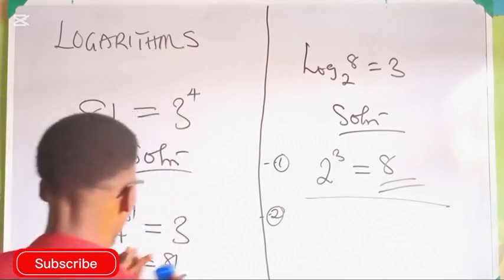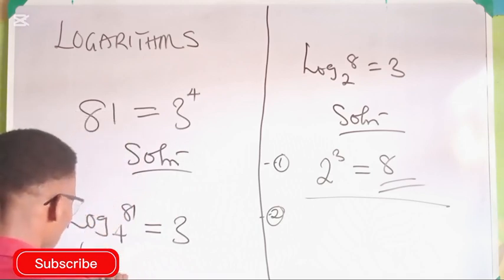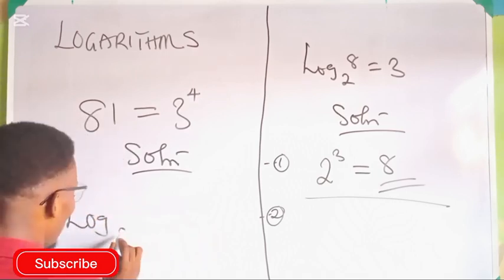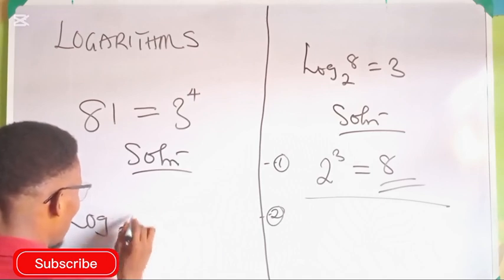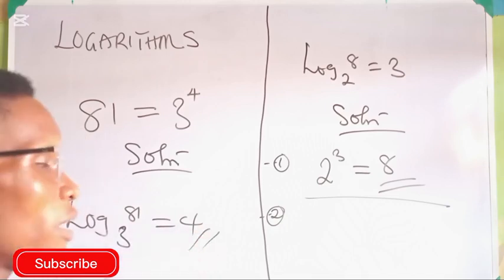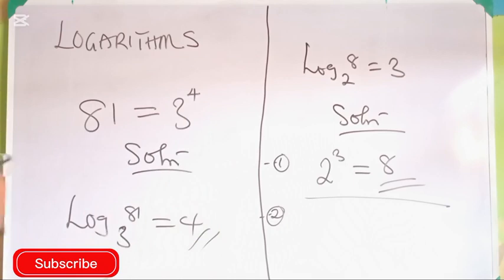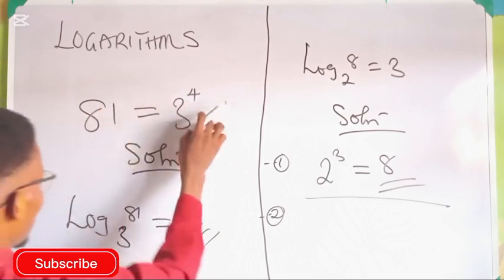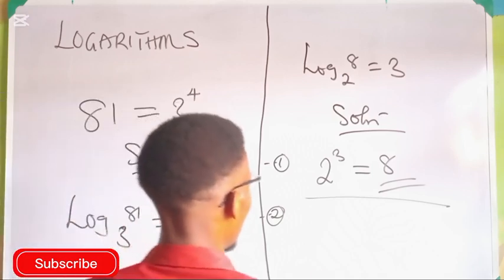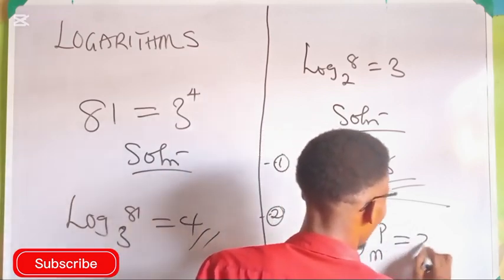So what you do now is, you are seeing this, it should not be log of that. Okay, let me continue from here. It should be log of 81 to base 3 is equal to 4. That would be the correct answer. Do you understand? When I defined this, I said log of p to base m equals x.